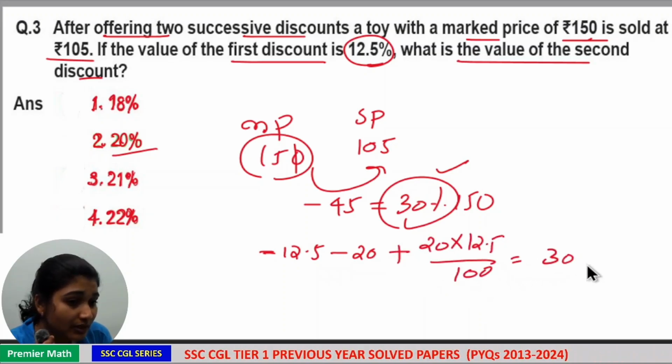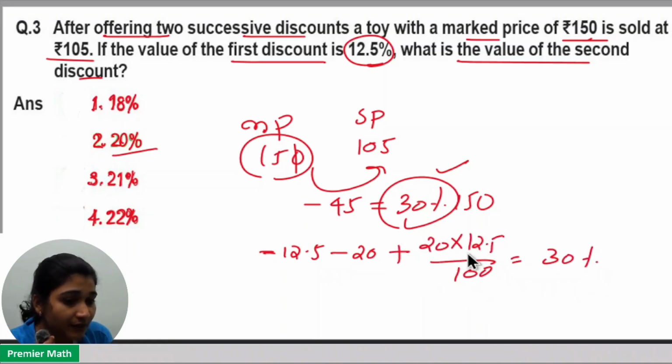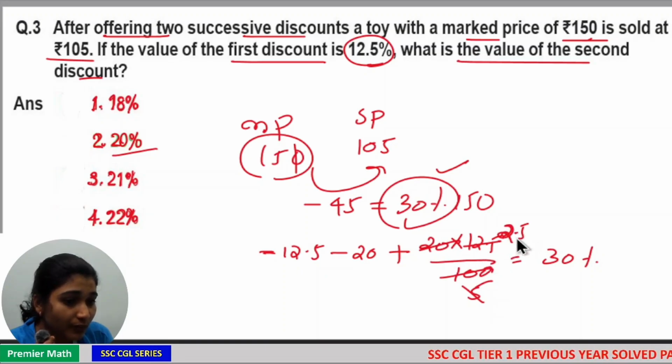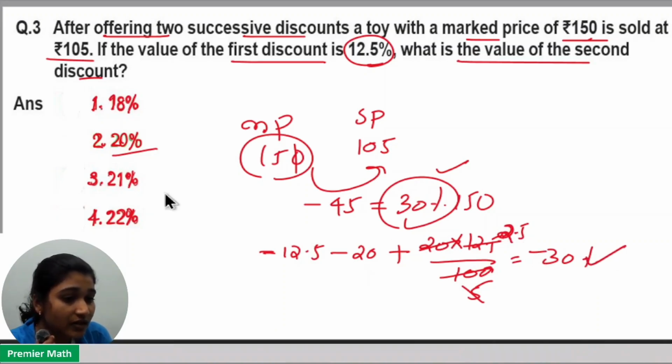This should be 30%. Let's check. Here 20 goes 5 times in 100, 5 goes 2.5 times in 12.5. So plus 2.5 minus 12.5 is equal to minus 10. Minus 10 minus 20 is minus 30%, which is right. So here answer is equal to option 2.